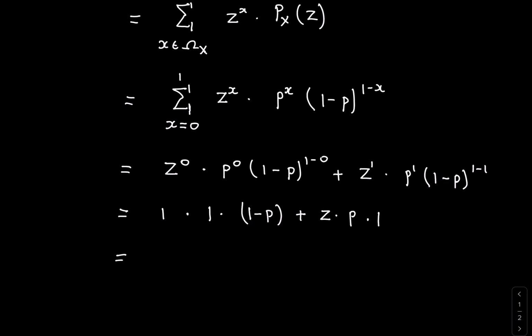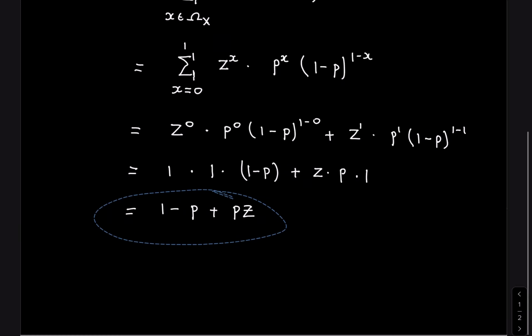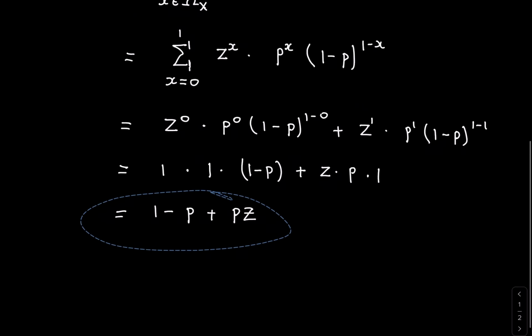After we multiply this through, we get 1 minus p plus pz. And here you have it. This is the expression for the probability generating function for the Bernoulli distribution.